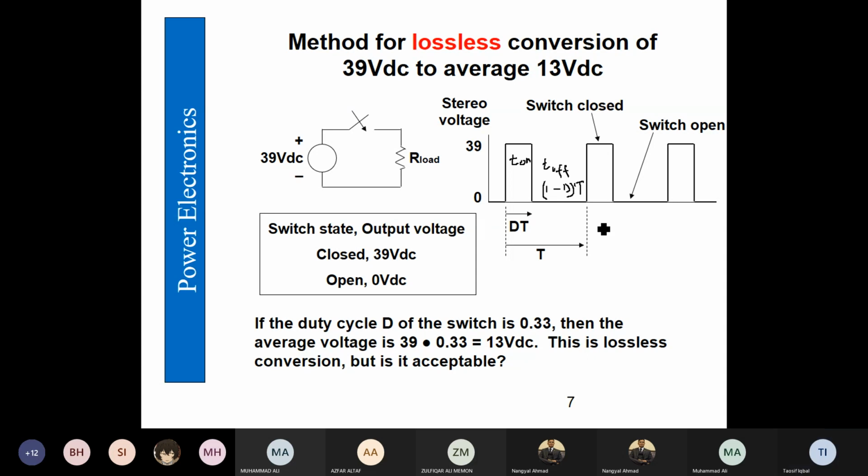So this type of conversion is really lossless, or very close to the ideal one, but the problem is the square wave includes high frequency harmonic components for voltage and current. Therefore they introduce an additional loss in the load, and that is not good for the load.